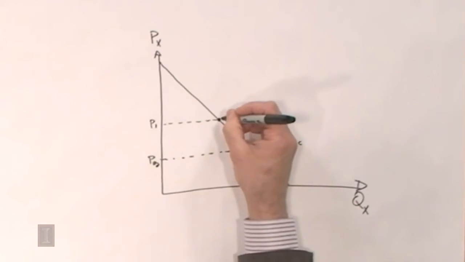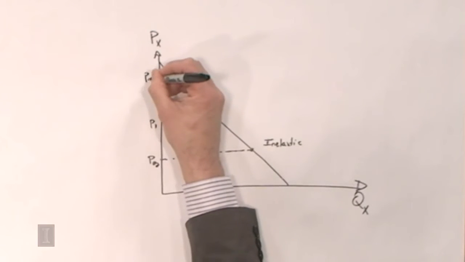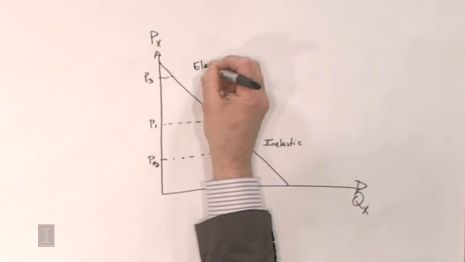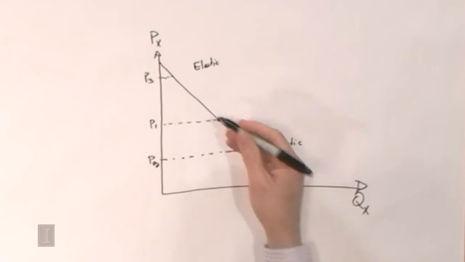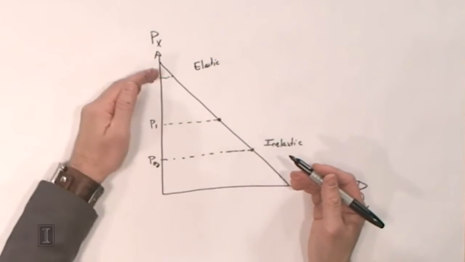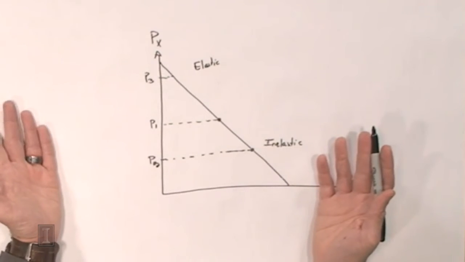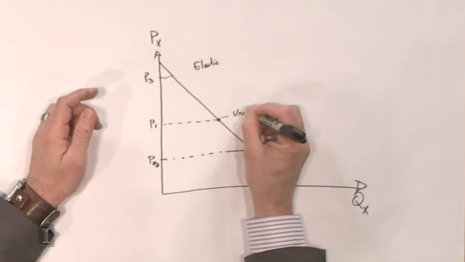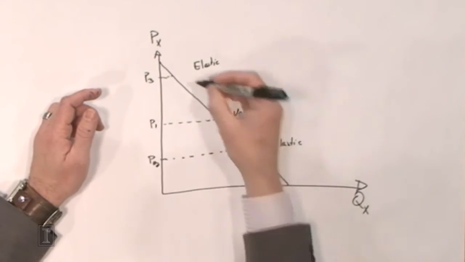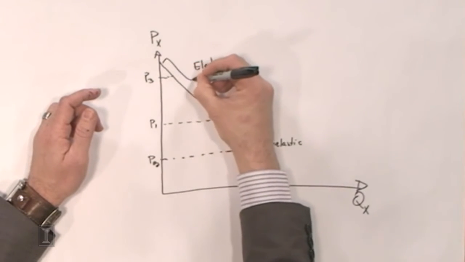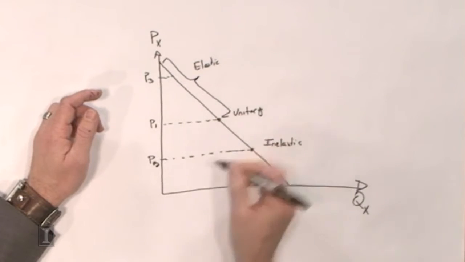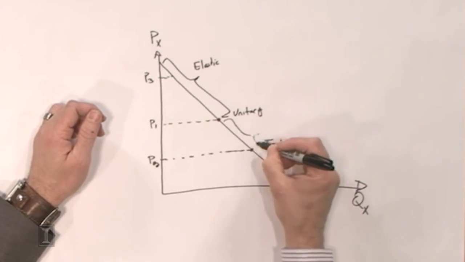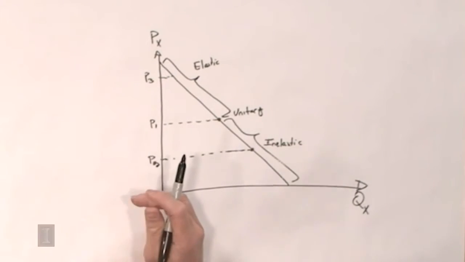Then the good becomes more elastic, and at a high price, your good is going to tend to be more elastic. And at some point, moving from inelastic to elastic has to pass through 1, right? So at some point, it's going to have a unitary elasticity. So what I'm saying is that for any good, the higher parts of the curve will be elastic, pass through unitary, and the lower parts of the curve are going to tend to be inelastic.